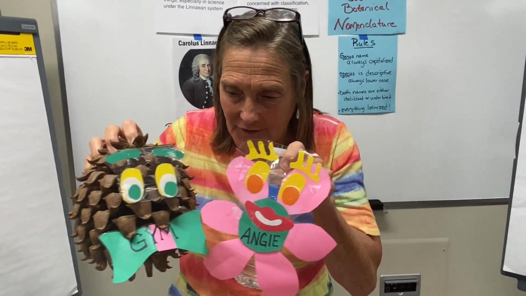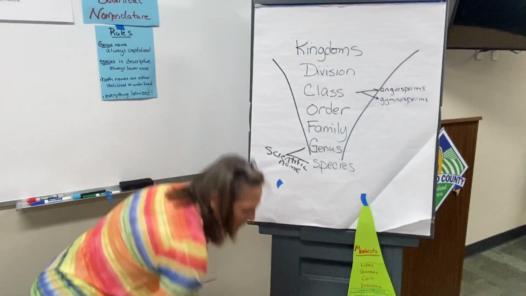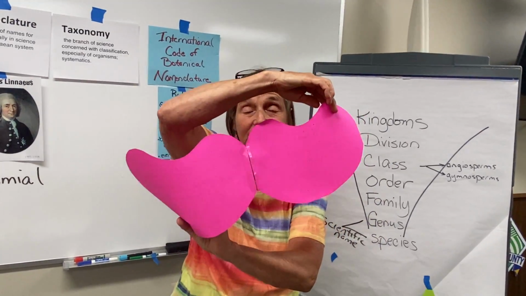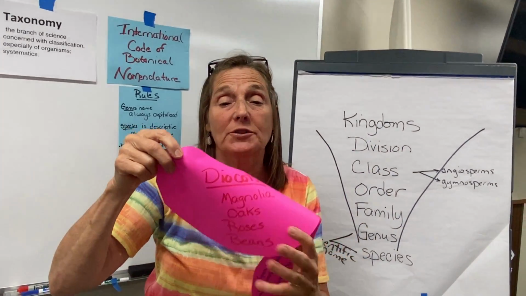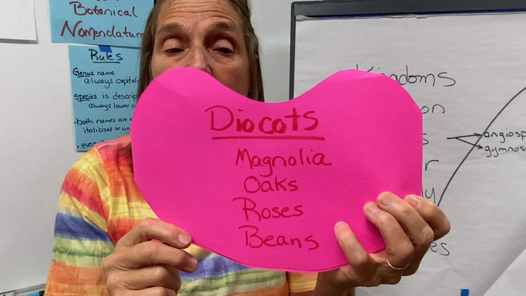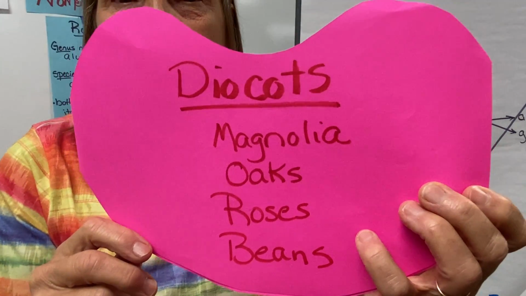And then it breaks down again. Let me show you another grouping. You know how when you eat a bean and you moisten it, it breaks into 2 pieces like this? There's a subclass that are called dicots. Dicots. It's a word you have to be familiar with. And there are specific characteristics of dicots.